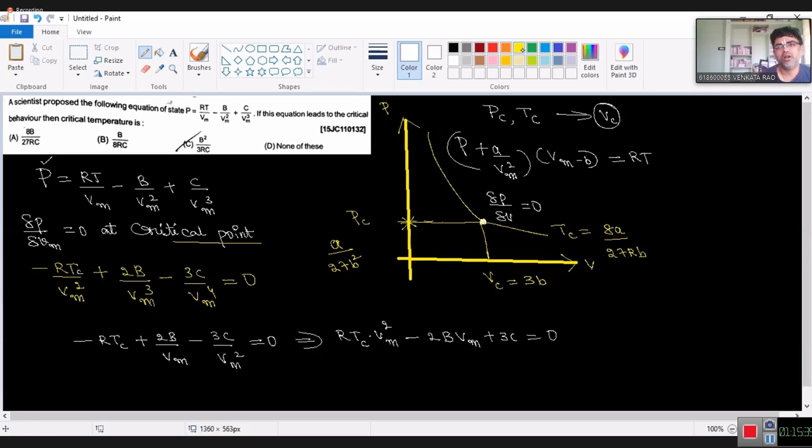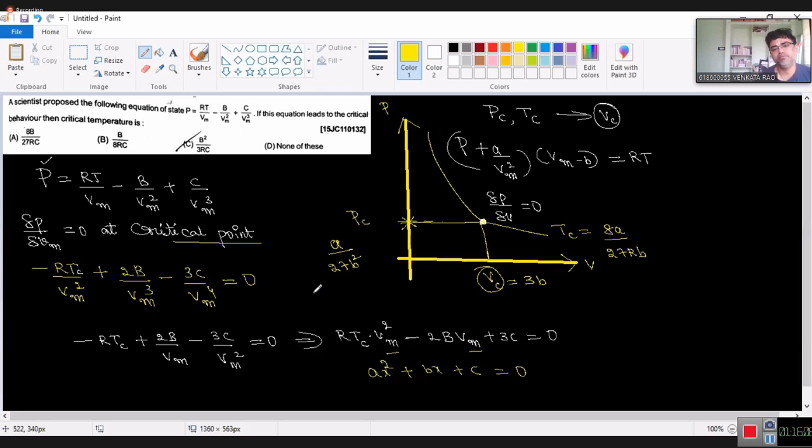Now I got a quadratic in terms of Vm square, Vm power 1 and an independent term. So this is in the form of Ax square plus Bx plus C is equal to 0. There we'll have two volume roots, but as it is a critical condition, the two roots must be identical because it has only one root.